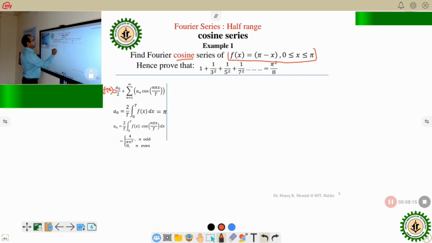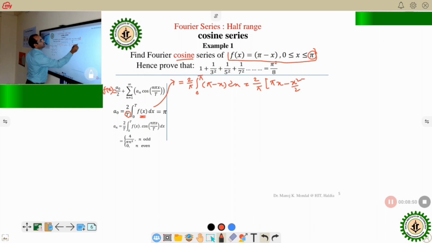What is the value of a0? The value of a0 is equal to 2 by pi, because 2 by t is nothing but pi here. So 2 by pi, integration 0 to pi of f(x), that is pi minus x, dx. If you take the integration of this, 2 by pi, pi x minus x square by 2, from 0 to pi.